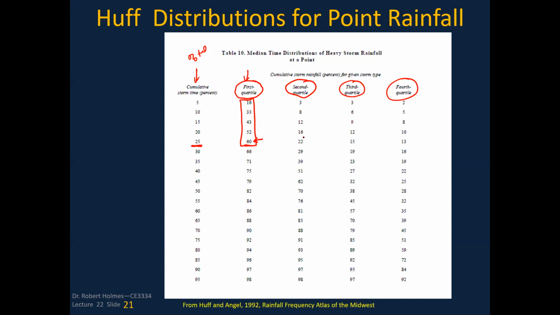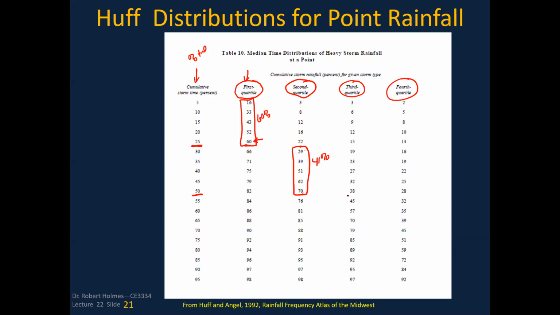If I have a second quartile storm, you've got most of your rain happening in the second quarter of the total time. Between 25 and 50%, you can see that 41% of the rain fell in that second quarter. Here, 60% of the rain in a quartile 1 storm, and in quartile 2, 41% happens. That's the largest quartile in the second quarter.